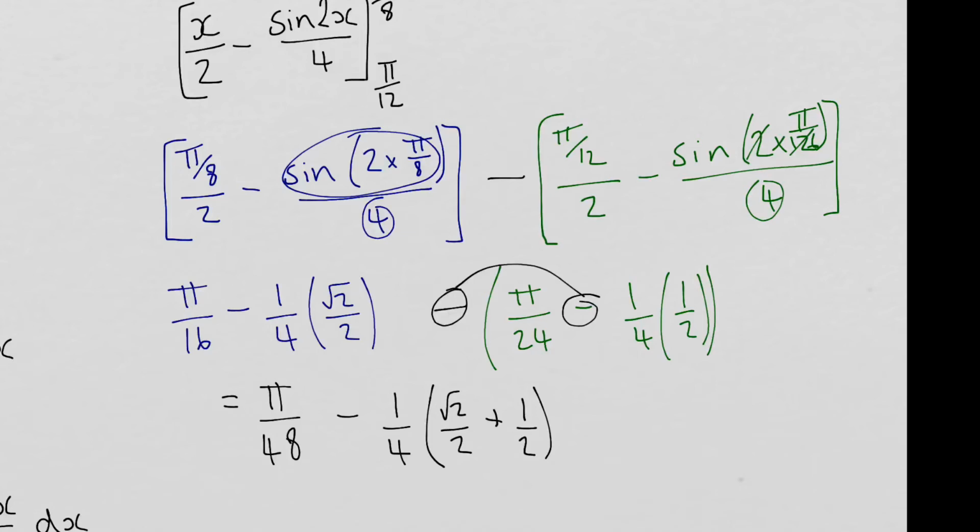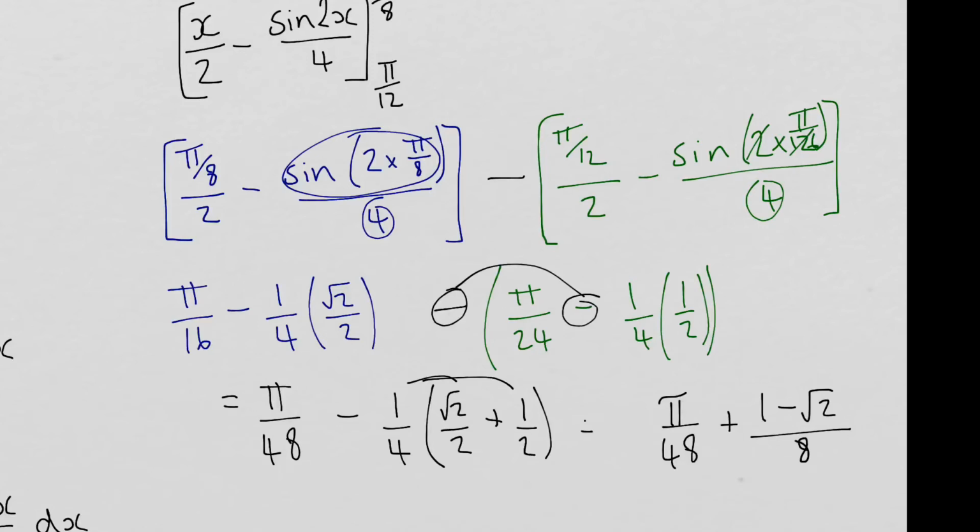Okay, so overall that expression will tidy up to give us pi over 48, and then if I work through that quarter there, so expand my brackets, etc., it tidies up to give me 1 minus root 2 all over 8. And that's how you would want to leave it.